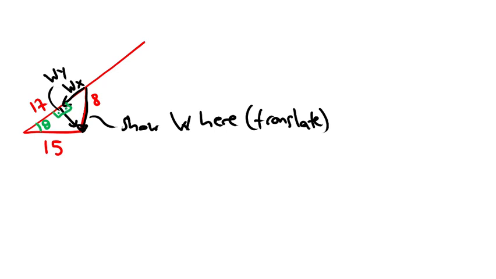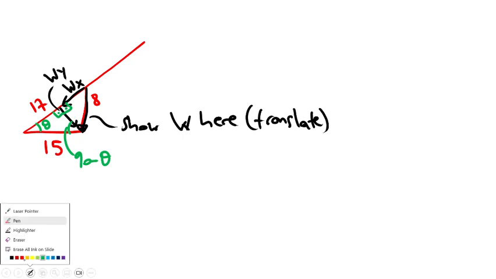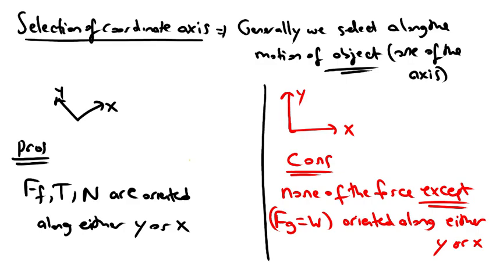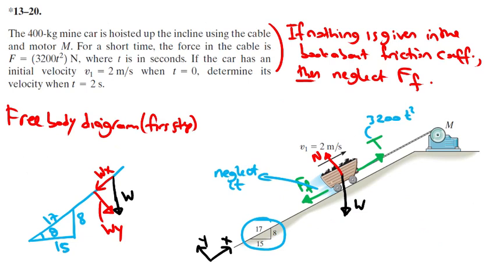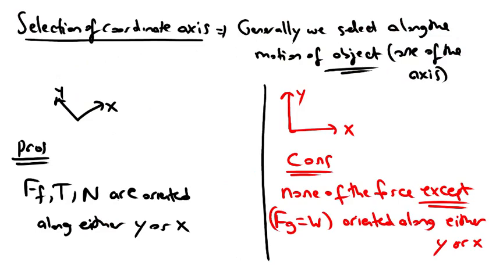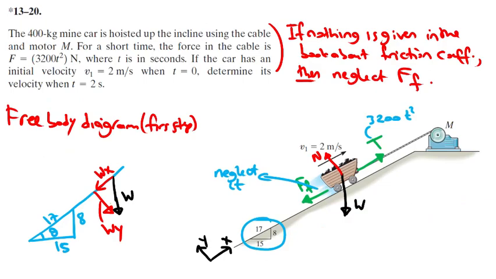And since it is 90 minus theta, this one and that one are also perpendicular, and therefore this angle will also be theta. So then I will find out that this part is theta.